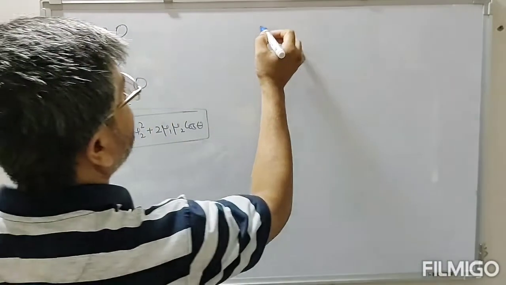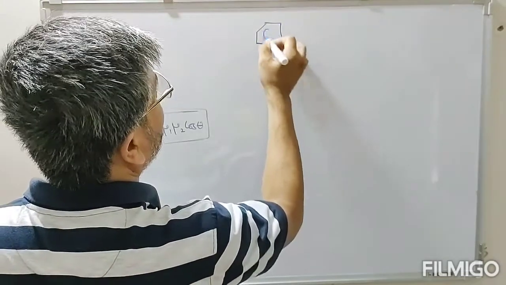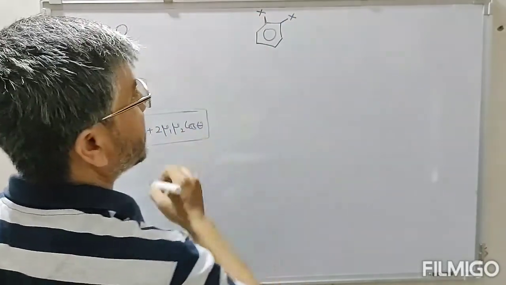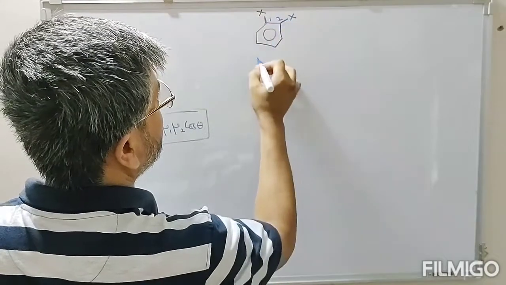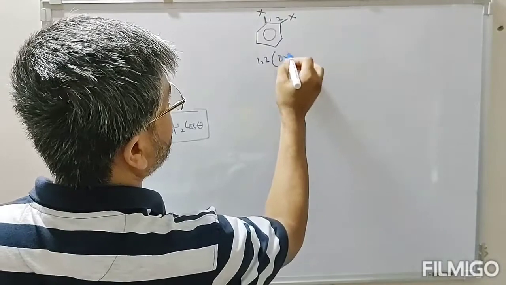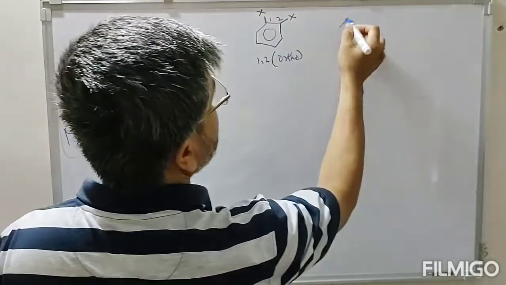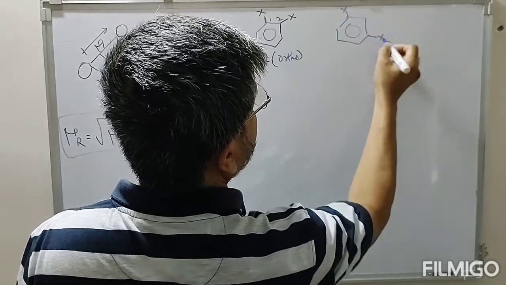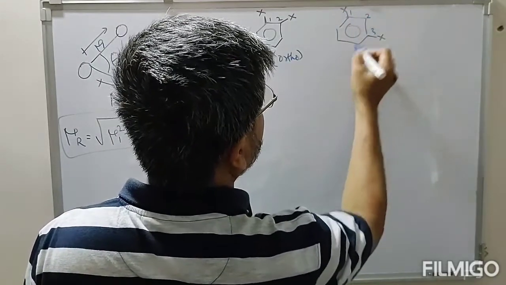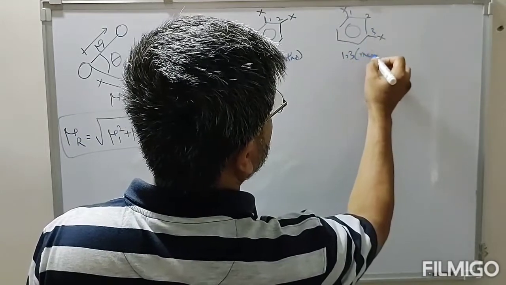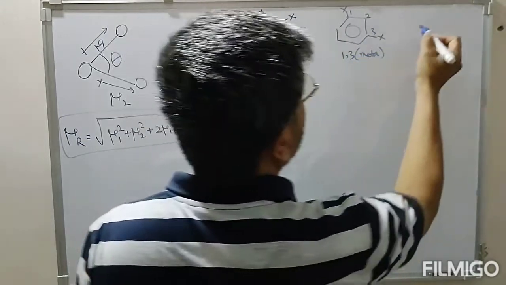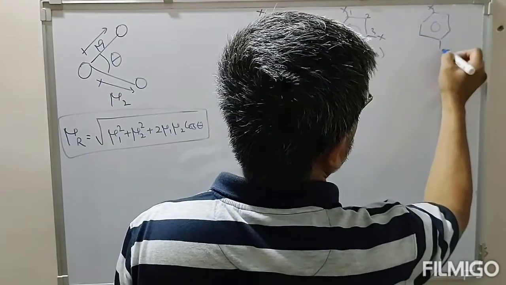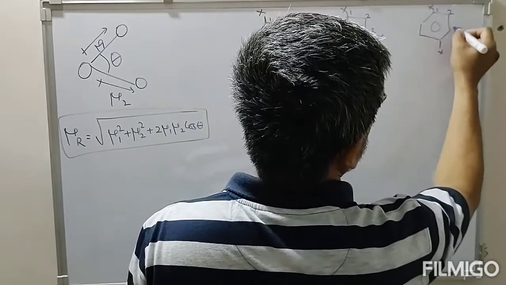So look at this, we have a benzene molecule. This is X, this is X. So 1, 2 position, which is also known as ortho. This is X, this is X. 1, 2, 3. 1, 3 is known as meta. Then we have 1, 4. 1, 2, 3, 4.